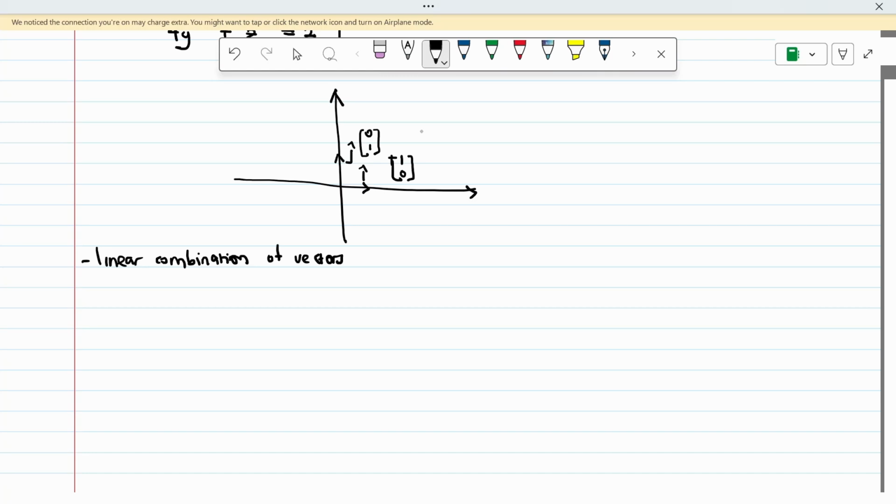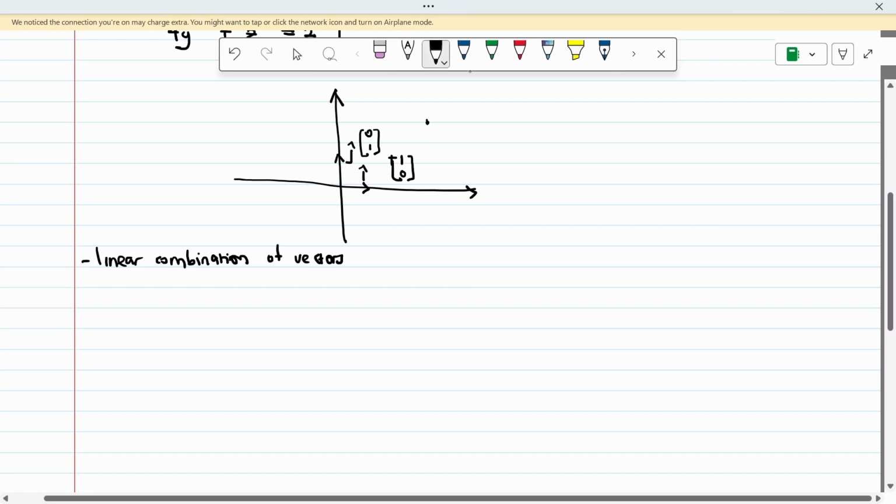And linear combinations enable us to represent any vector within the space using the basis vectors. I'll not dive too deep into it now, I'm just refreshing us. So if we had any vector here, we could represent it as a linear combination of i hat and j hat.